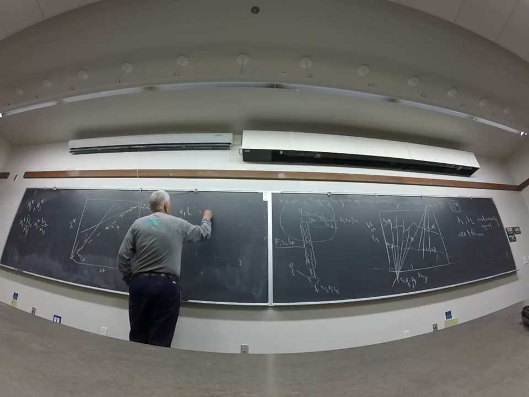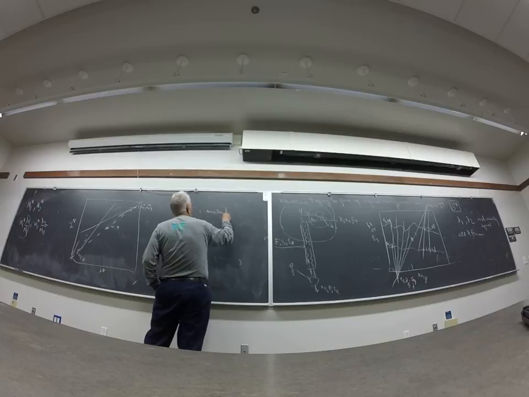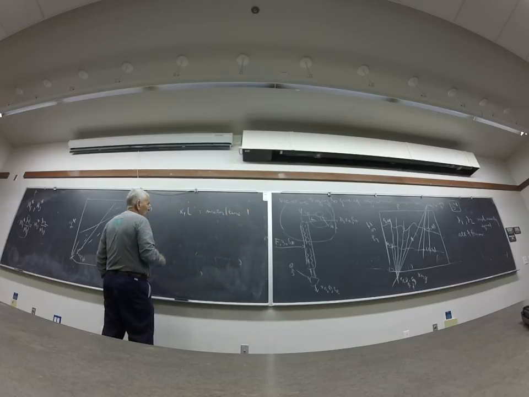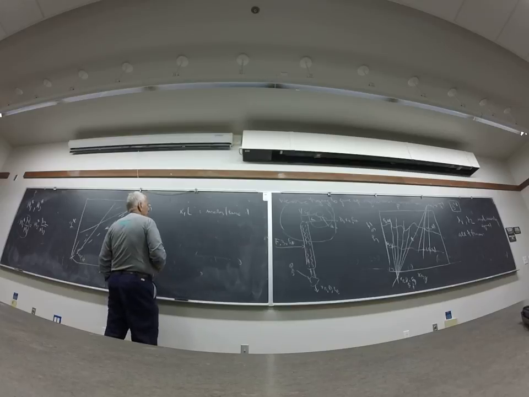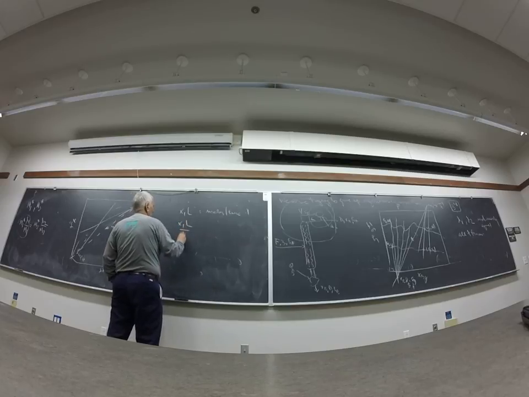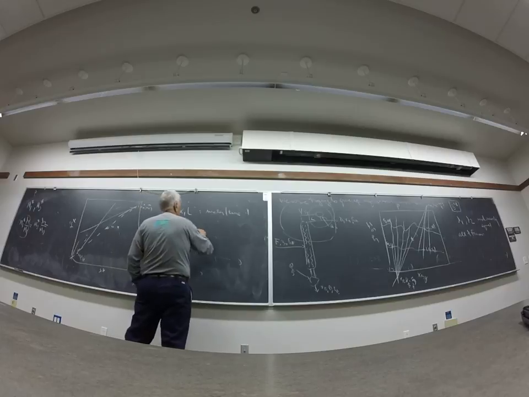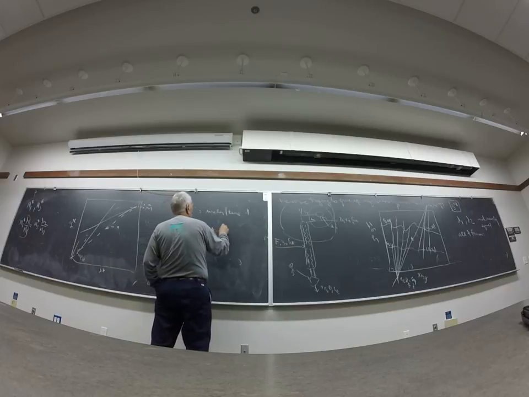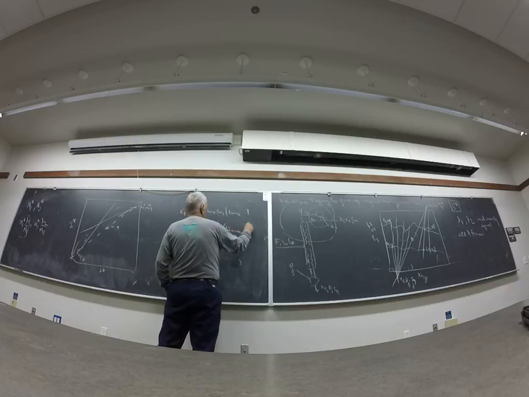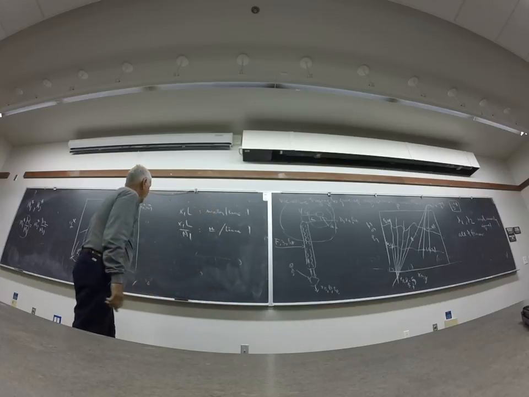X1L can be moles per time of component 1. X1L divided by M1 is going to be pounds per time of component 1.